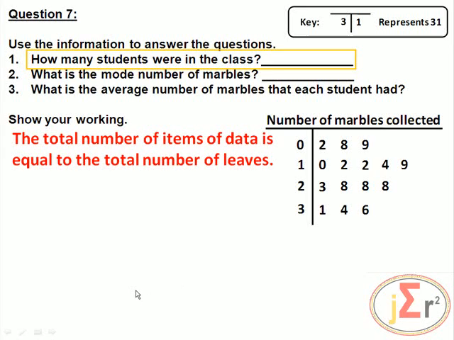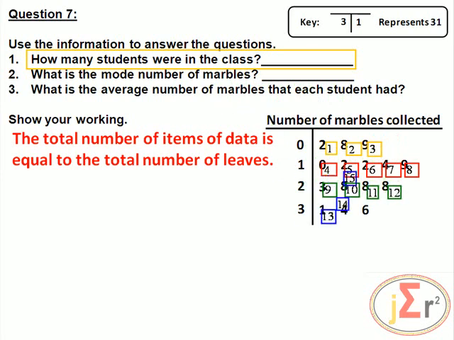The number of leaves will tell us, and we know that these are the leaves that we have on the right hand side. How many of them? 3, 4, 5, 6, 7, 8. So we are numbering each of the leaves.